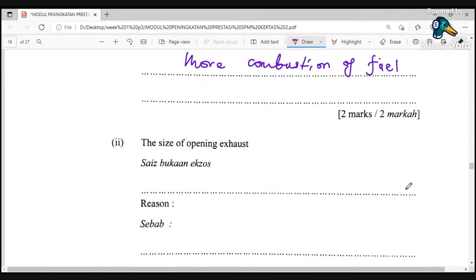Size of opening exhaust. Size of opening exhaust, kita nak hasilkan larger momentum, maksudnya larger speed, opening dia kena small. Okay, smaller opening. Okay, speed of gas release is higher.